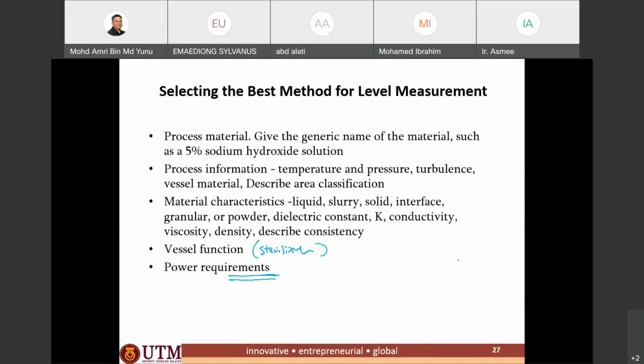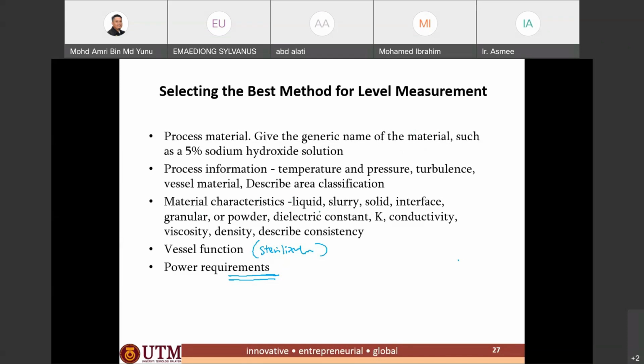If the material is corrosive, for example, you cannot use a method that is intrusive and invasive like the GWR, guided wave radar. You also need to know the temperature, the pressure, and the material.